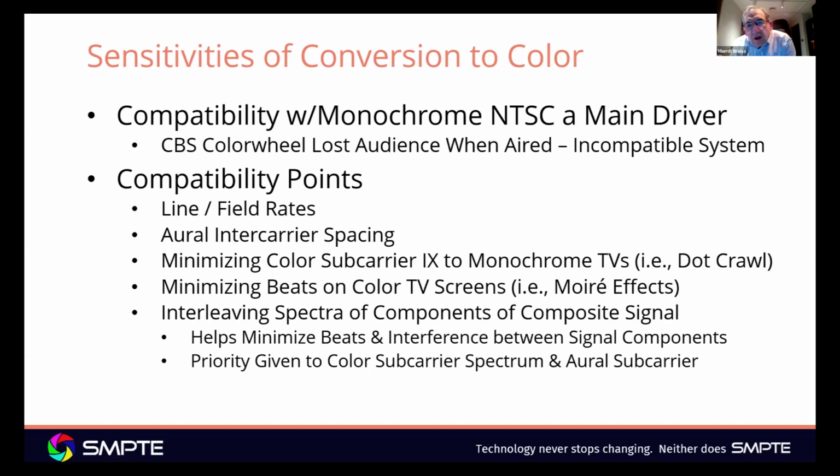And so there were a number of compatibility points that were understood to be necessary after the experience using a color wheel, which was incompatible with the existing receivers, and so the audience essentially went away whenever it was turned on because the receivers couldn't do anything with it.